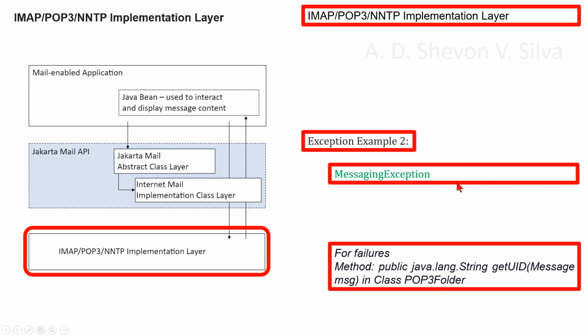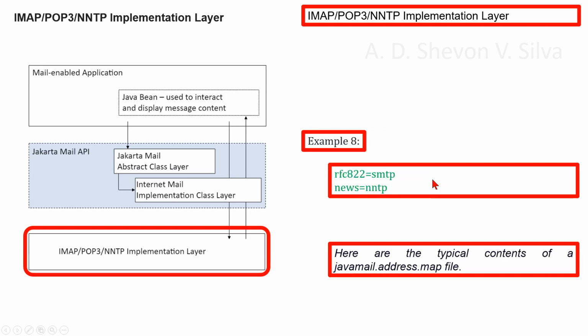As an exception example 2, we can consider this one, MessagingException thrown for failures in method public java.lang.String getUID(Message msg) in class POP3Folder.